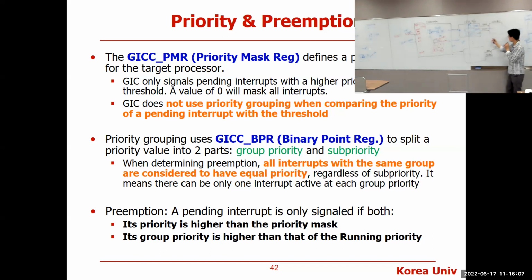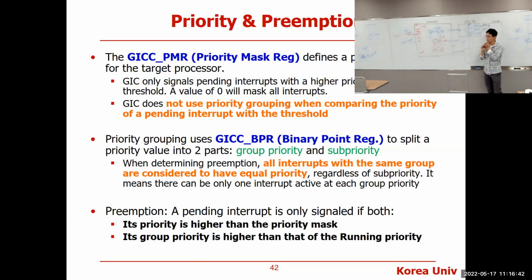But assume that before that, the timer interrupt is generated. Then what do you have to do? The CPU interface supports preemption. If the interrupt is higher than the currently running interrupt, it will be forwarded to the CPU.